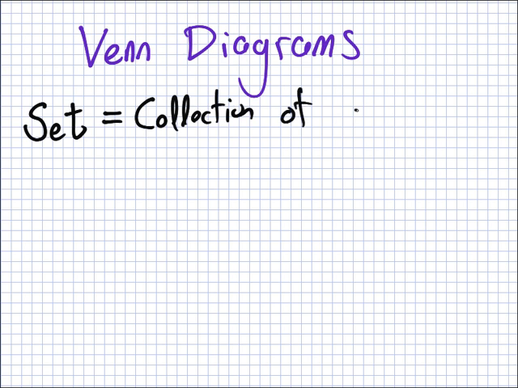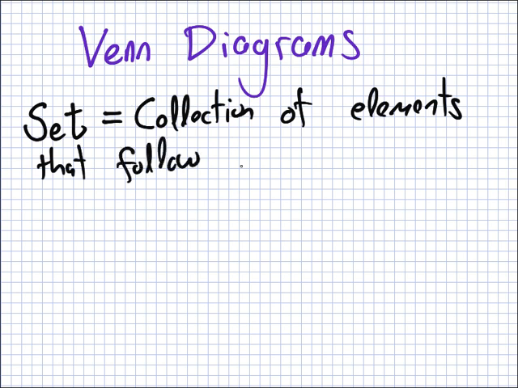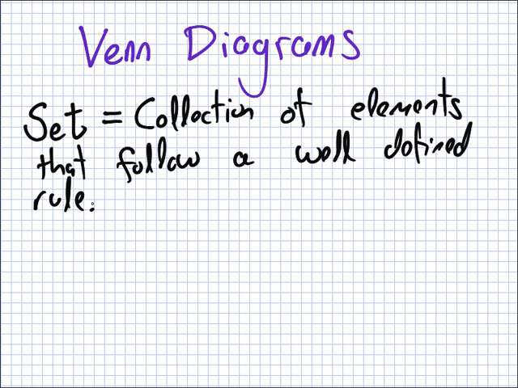Yeah, it's a collection of elements that follow a well-defined rule. So what I mean here is your set, it has to be clear what's in it and what's not in it.